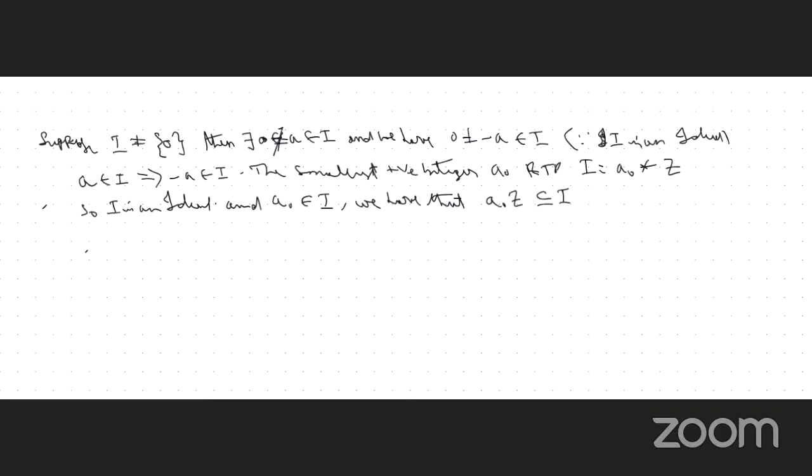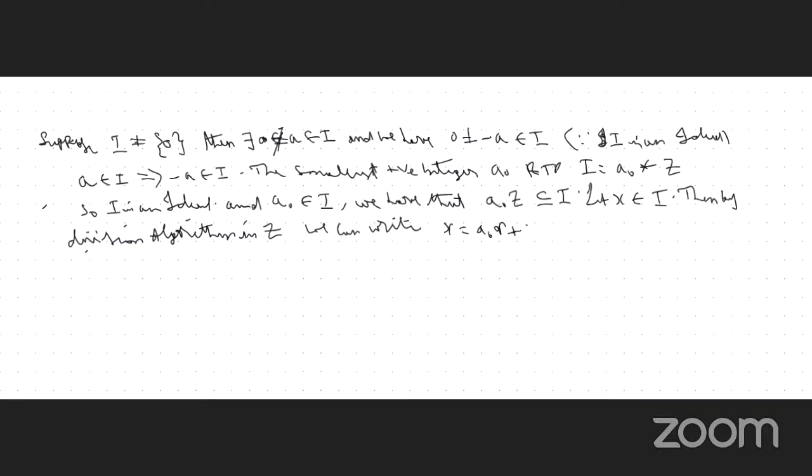Let x belongs to I. Then by the division algorithm in Z, we can write x equal to a0 q plus r.